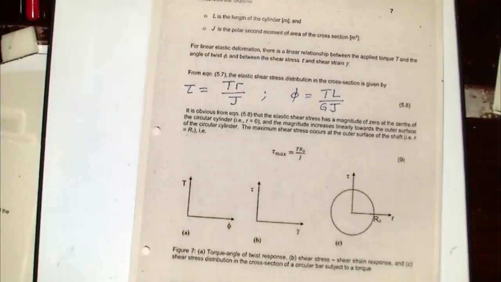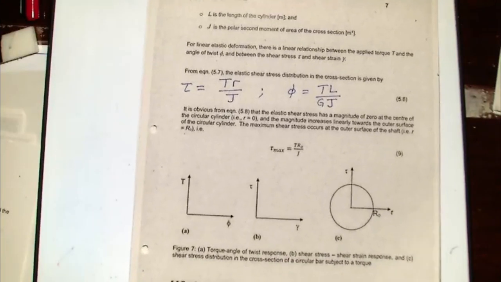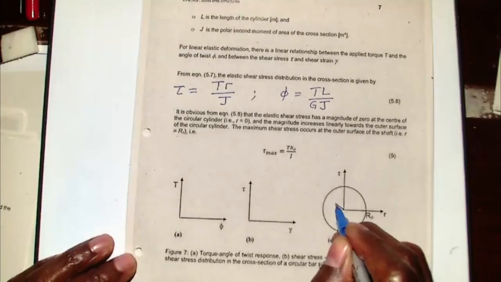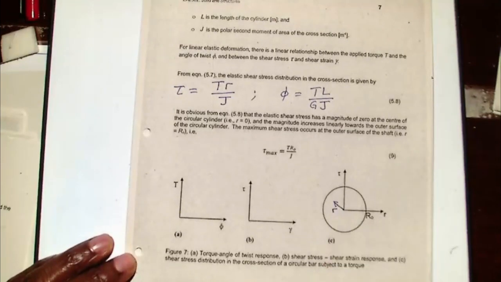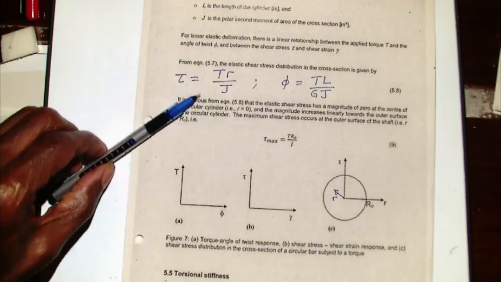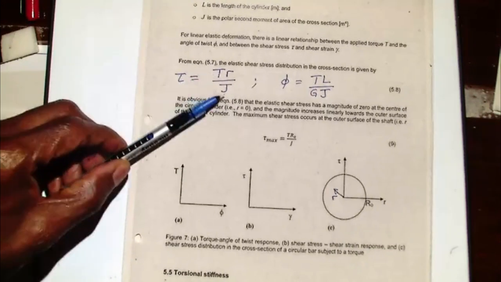So now let's look at what that is telling us. So r is changing from the center. My coordinates, if I have that, r is changing from the center. If the radius of the circular cross-section is denoted by R naught, it's very clear that for a given load, which is the torque, and a given size, this is fixed.